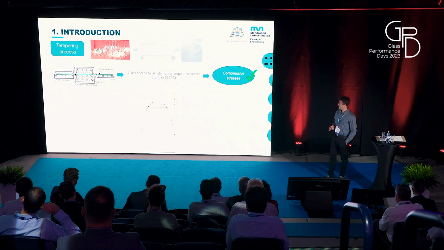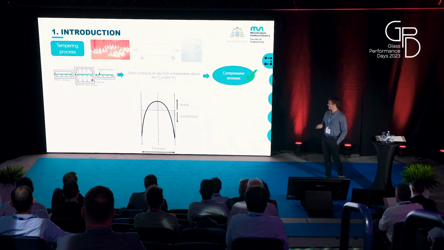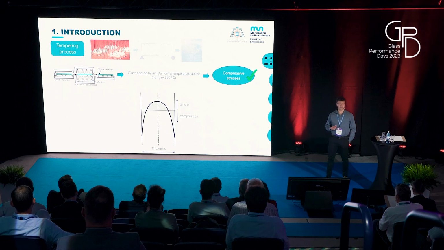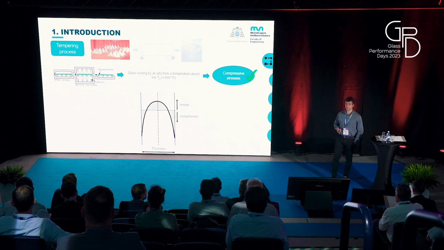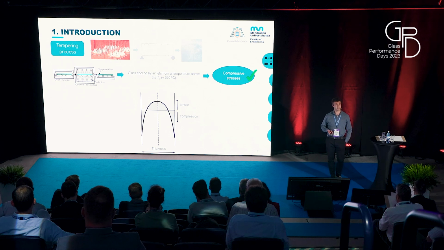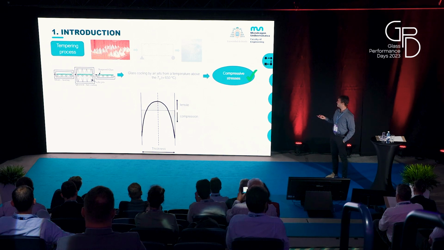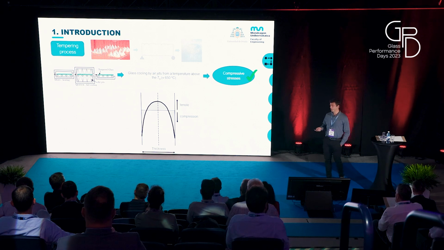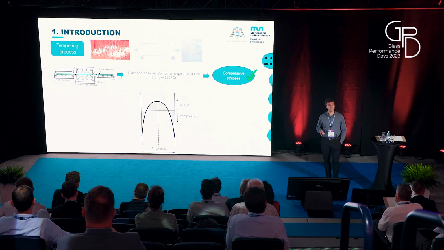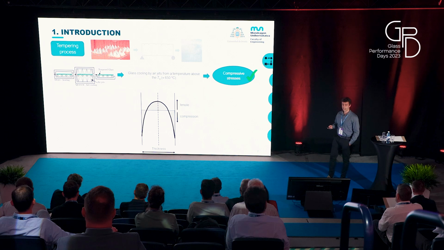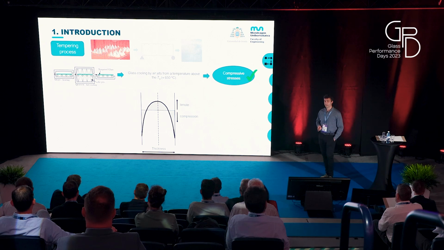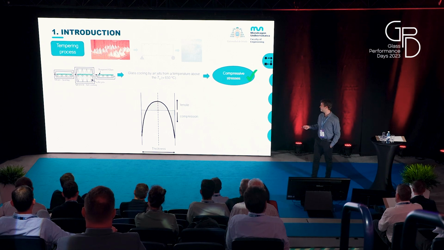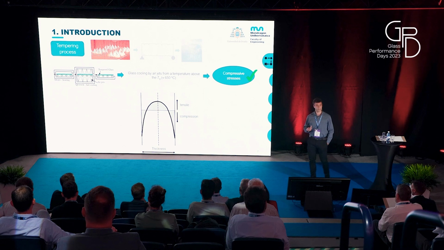The tempering process consists of cooling glass by air jets from a temperature above the glass transition temperature, which is around 650 degrees. The aim is to obtain surface compressive stresses to strengthen the material. If we look at the residual stress distribution through the thickness of the glass pane, we have surface compressive stresses and inner tensile stresses.